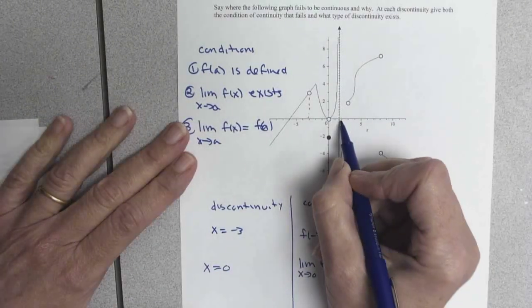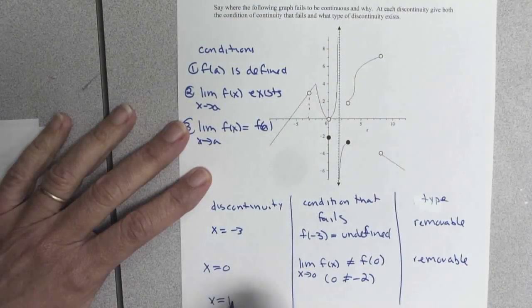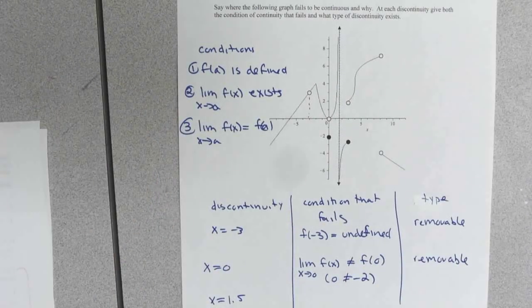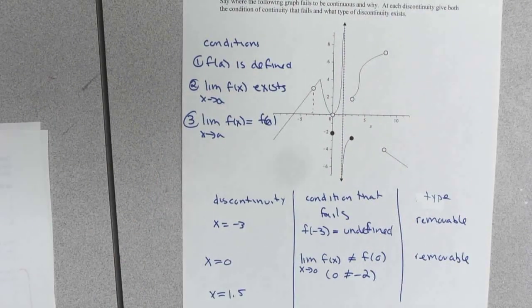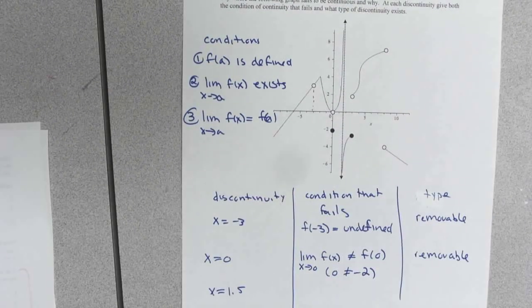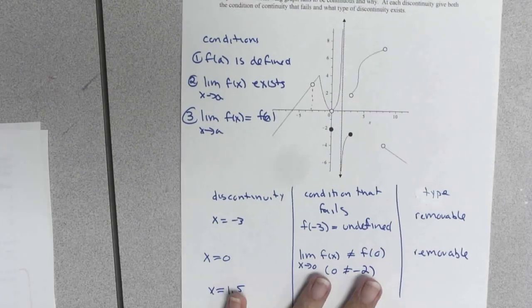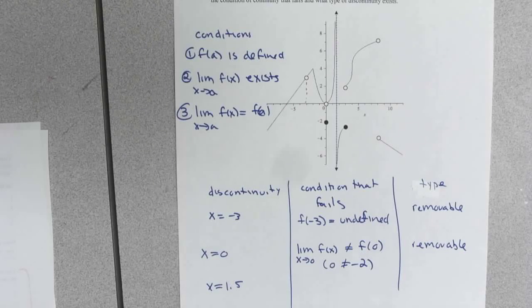On to the next one. It looks like that's about x equal 1.5. Anytime we're doing things graphically, it's ballpark. Generally I say don't give me decimals unless I give you decimals, but when we're doing things graphically, all bets are off. At 1.5 we've got a couple conditions failing.